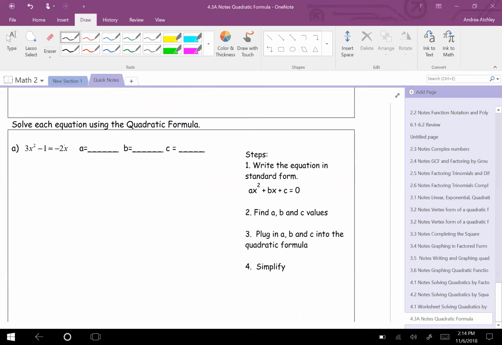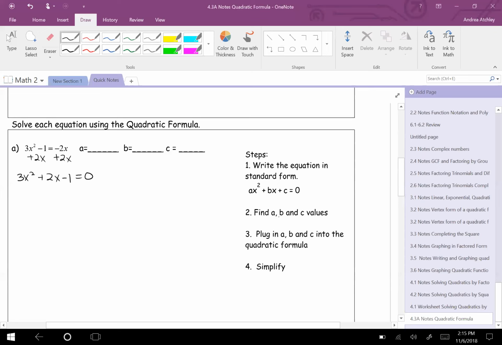So I need to move this 2x to the other side, so I add 2x to both sides. That's going to give me 3x squared plus 2x minus 1 equals 0. So now my quadratic is in standard form.